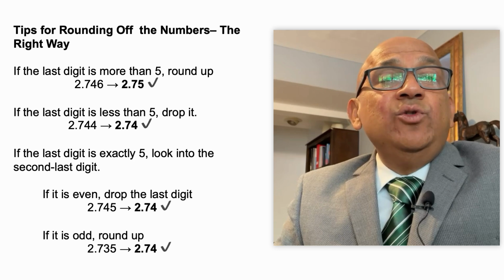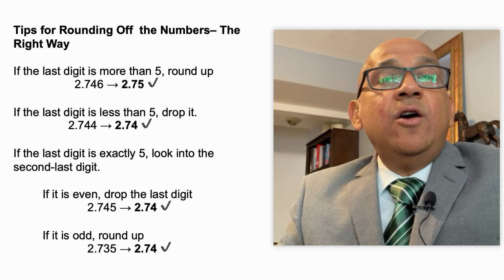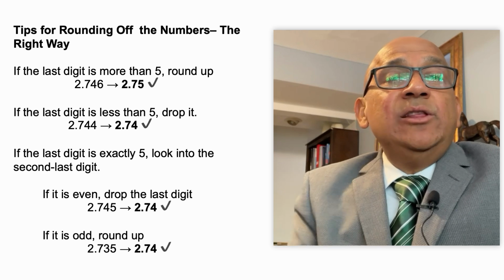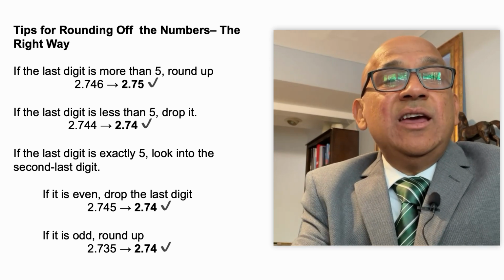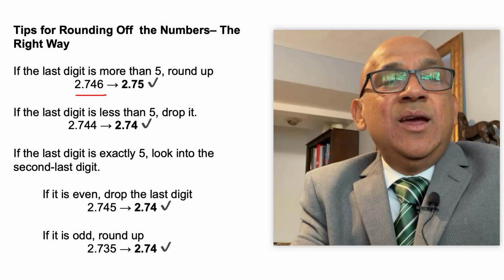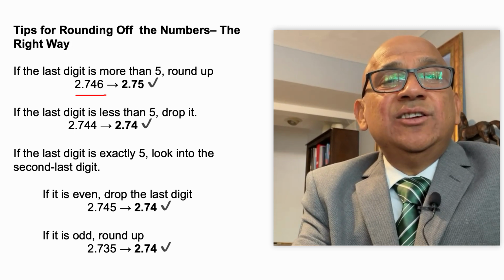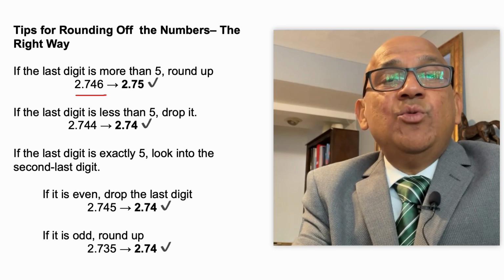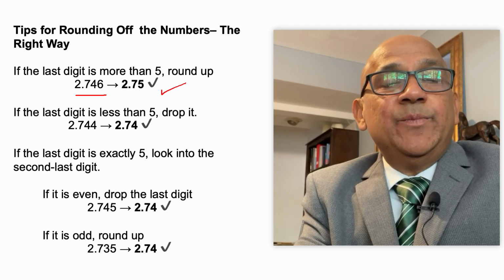Now I will also give you some tips for rounding off numbers, the right way to do this. For example, suppose you have a number 2.746. If the last digit is more than 5, we round it up, because in 2.746 the last digit 6 is more than 5, so you can write it as 2.75.